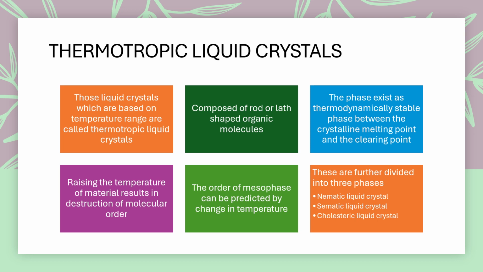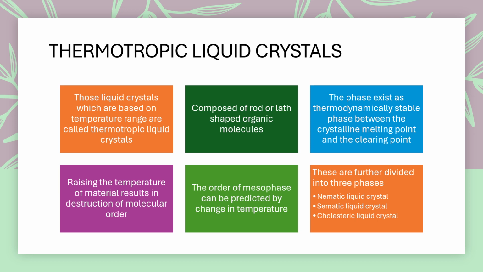The phase exists as a thermodynamically stable phase between the crystalline melting point and the clearing point. Raising the temperature of the material results in destruction of molecular order. The order of the mesophase can be predicted by change in temperature.